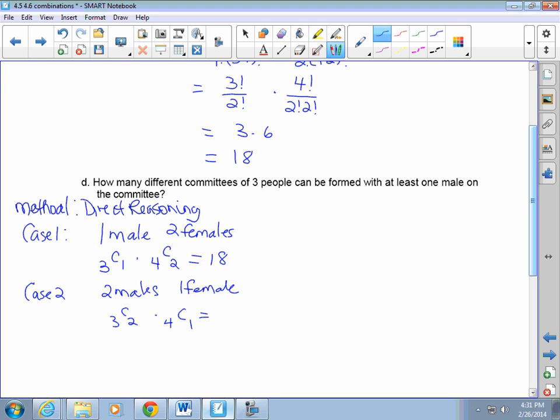So that's the same as saying 3 factorial over 2 factorial times 3 minus 2 factorial, and I'm multiplying that by 4 factorial over 1 factorial times 4 minus 1 factorial. So that's equal to 3 times 4, which is 12.